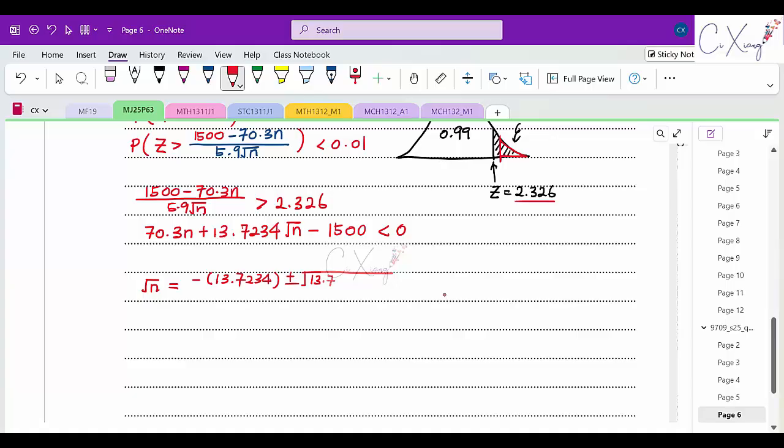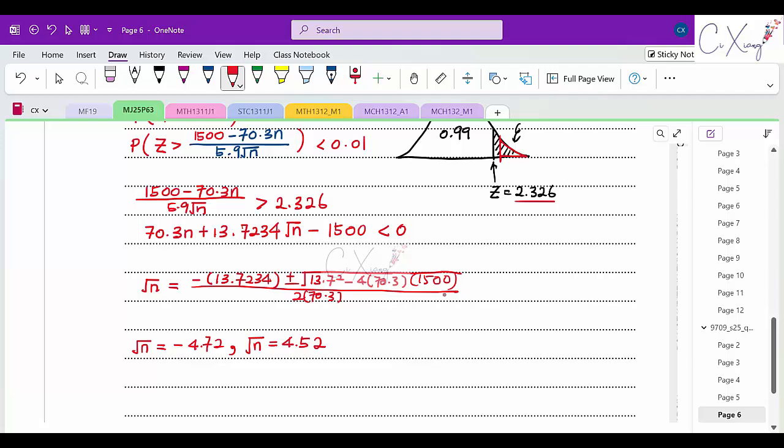I write it short, but when I press the calculator, I press long. Then the two values that I get are negative 4.72, correct to three significant figures, and the other value, square root n, is 4.52.